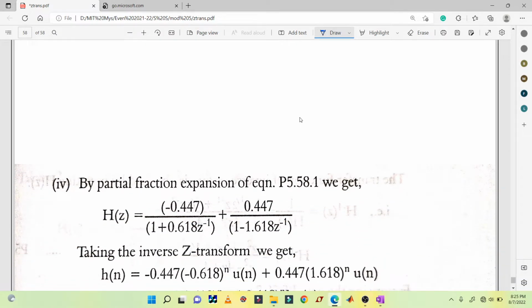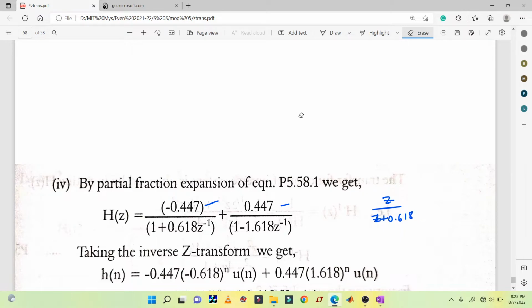Now the fourth point is about calculating h of n. For calculating h of n, we need to apply partial fractions. So for the given problem, what we had is z divided by z plus 0.618, plus z divided by z minus 1.618.